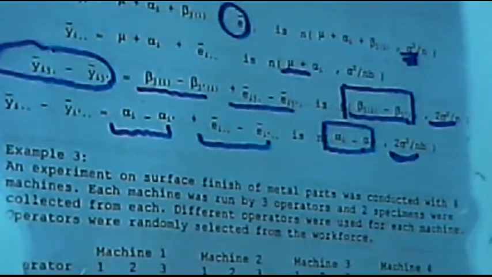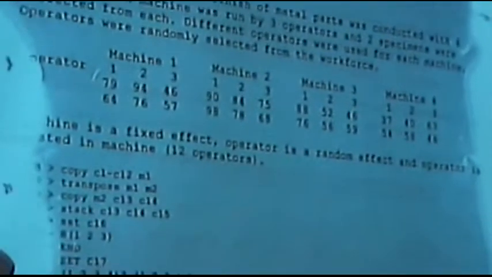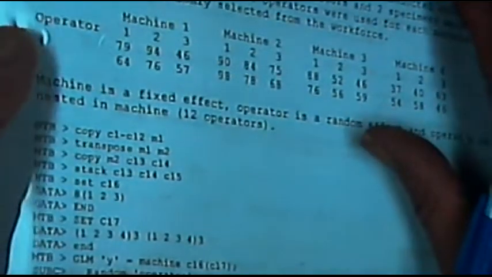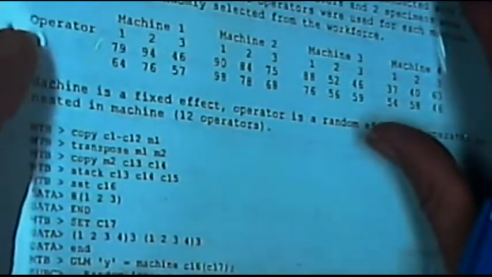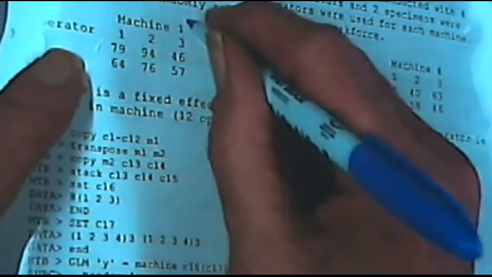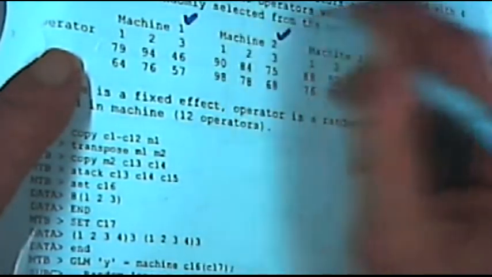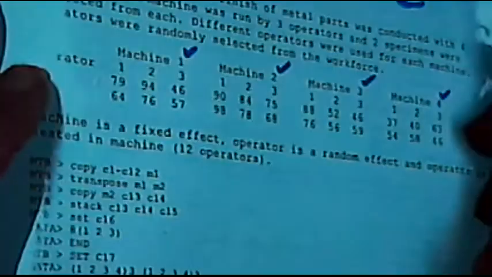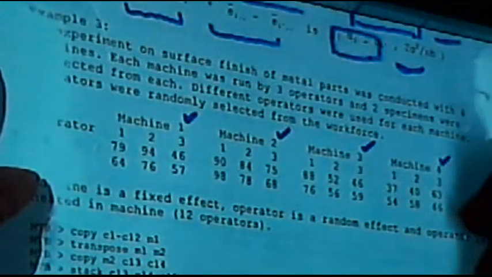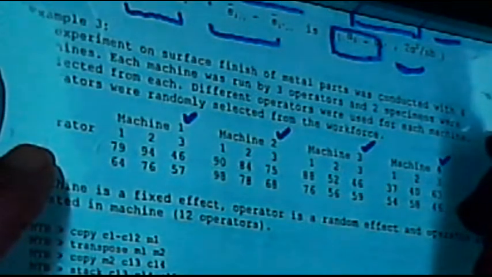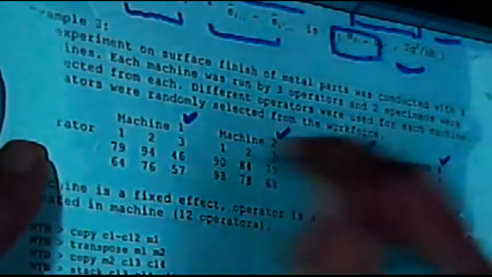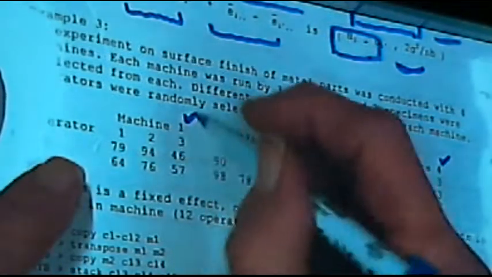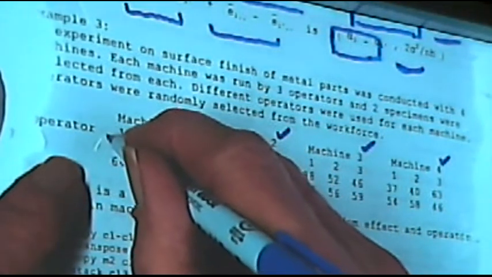Okay, let's look at another example here. So this talks about surface finish of metal parts. We have 4 machines. So here they are, machine 1, 2, 3, and 4. Each machine was run by 3 operators, and 2 specimens were collected from each. So machine 1 is run by 3 operators, and we get 2 observations from operator 1.